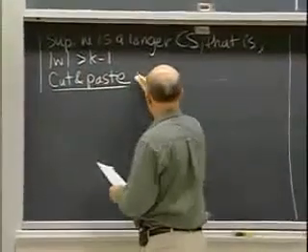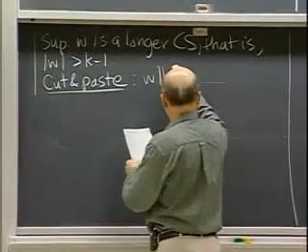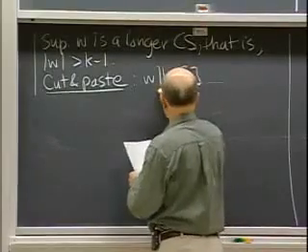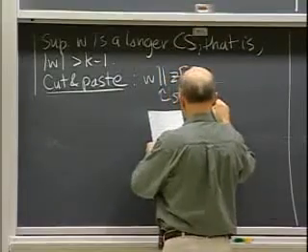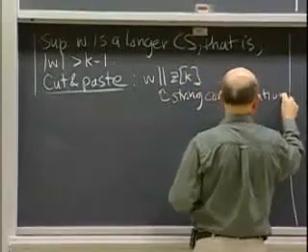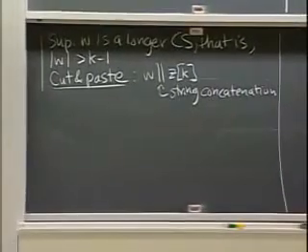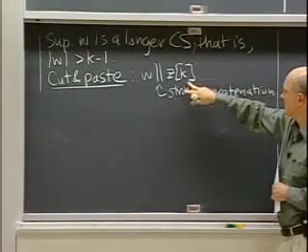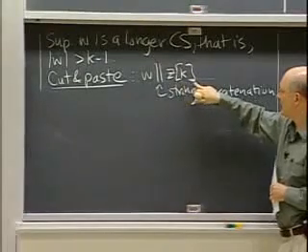So the idea is, let's take a look at W concatenated with that last character, z of k. That's just my terminology for string concatenation. I take whatever I claimed was a longer common subsequence, and I concatenate z of k to it.